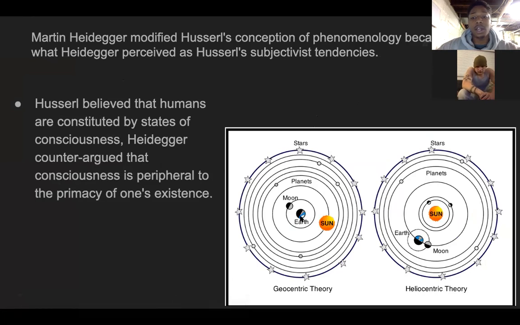If we're trying to measure the sun based off the Earth being the center of gravity and the center of the universe, we're going to get some messed up measurements just because we're not taking into account gravity in all the right ways. So if you measure it in a heliocentric way rather than a geocentric way, then you're more likely to have more correct information and more correct results.